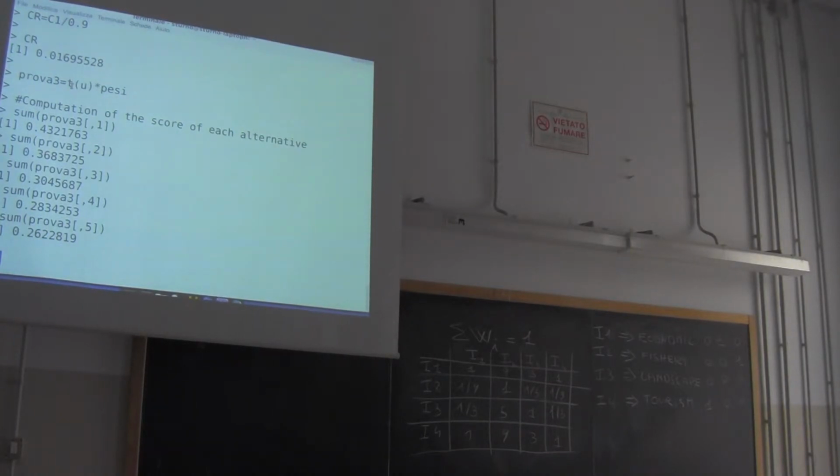The first value, 0.43, is the overall utility of the design flow of, I think, 80. And then I have the utilities of the other design flows up to 120. And you see that the max utility is for the design flow of 80, which is our preferred solution.